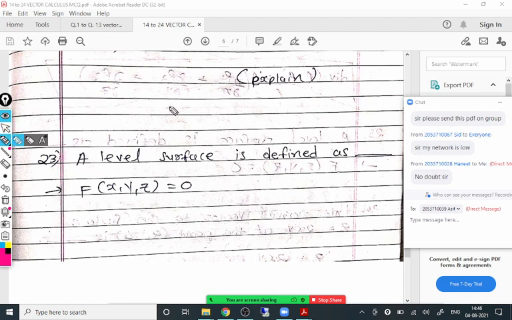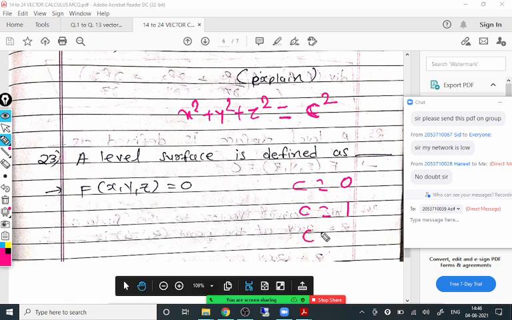Let me show you. Suppose you have x square plus y square plus z square equal to c square. If you change the value of c, suppose c is 0, you get just a point, but if c is 1, you get a sphere of radius 1. If c is 2, you get a sphere of radius 2. C equal to 3, a sphere of radius 3.